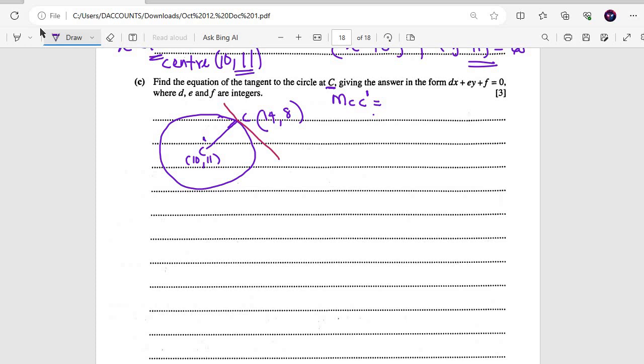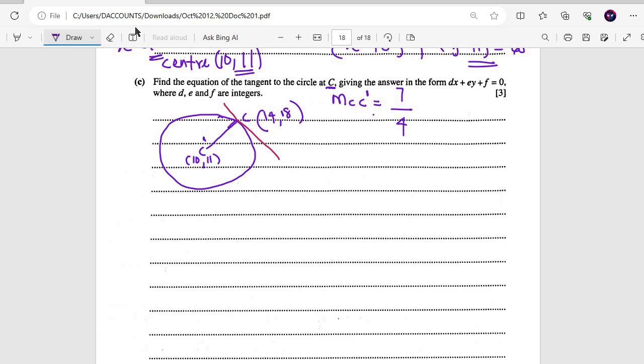Point C is (14, 18). 18 minus 11 is 7, and 14 minus 10 is 4. That's the gradient, 7/4.